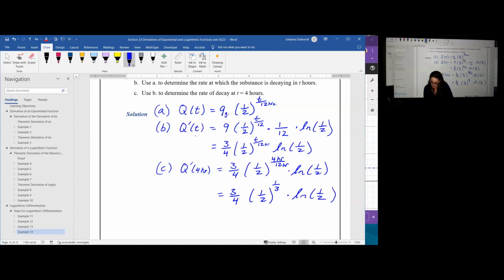When you work this out, you're going to get a rate that's approximately negative 0.4126 grams per hour. This means that 4/10 of a gram is non-radioactive for each hour at that particular point in time. However, the rate of change is a decreasing function, so less and less will be non-radioactive after the same 1 hour.